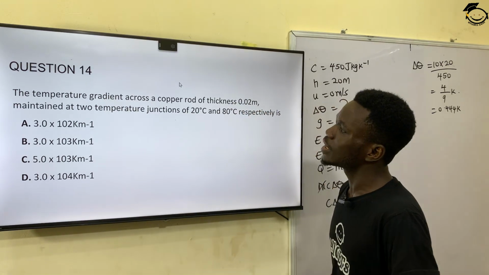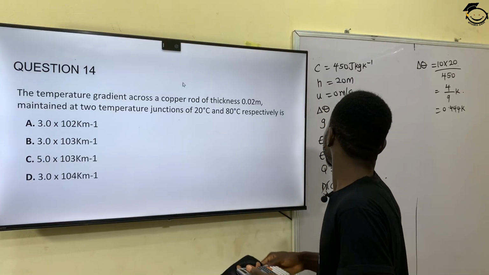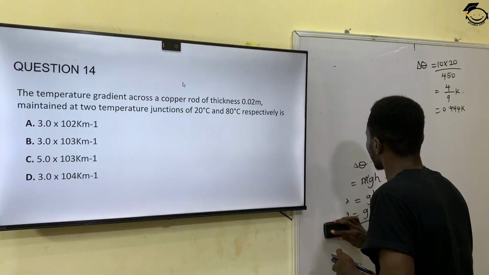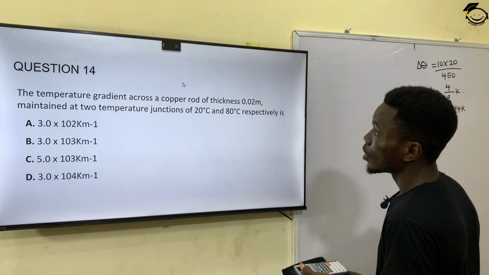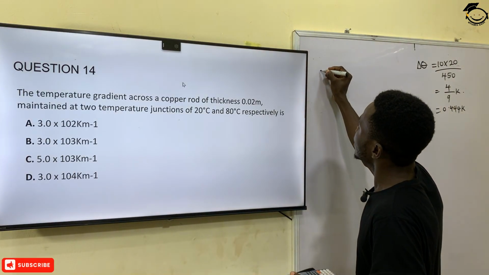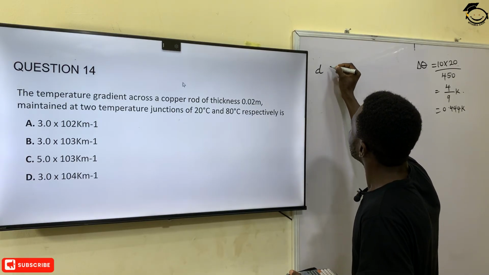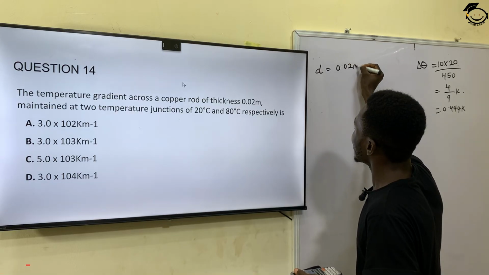We say the temperature gradient across a copper rod of thickness. So we have a copper rod. Of thickness, so we have the thickness of the copper rod, you can call it D or you can call it L, as 0.02 meters.